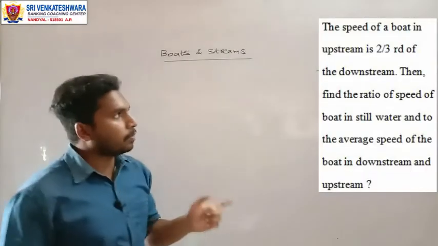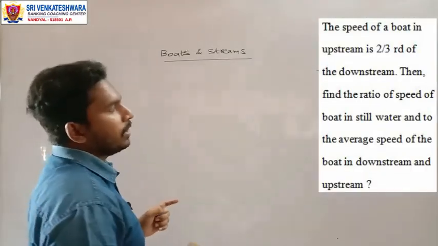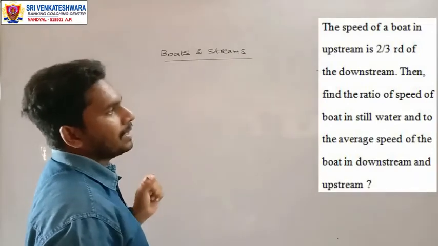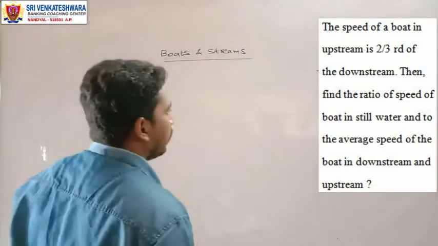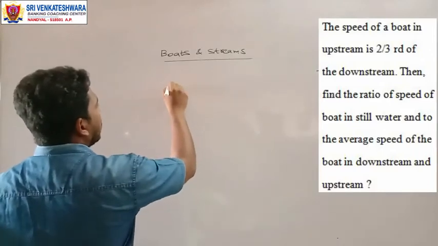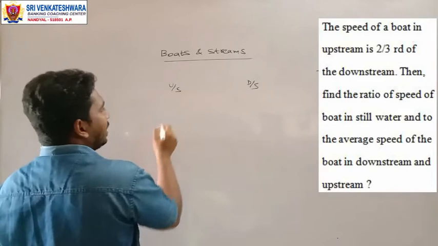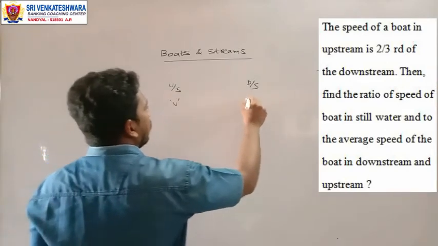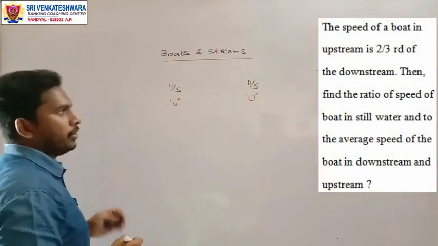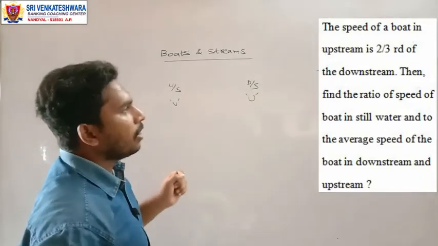Let us solve another problem. The speed of a boat in upstream is 2/3 of the downstream. So upstream speed is denoted by V and downstream speed is denoted by U. And what have they given?